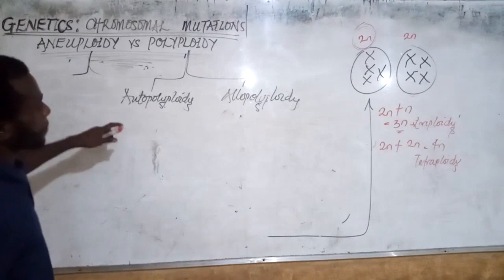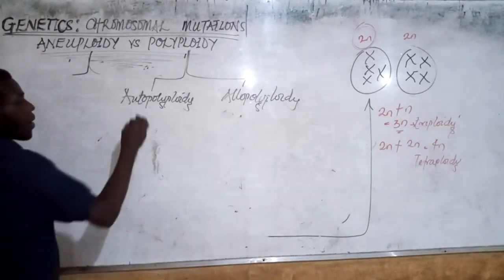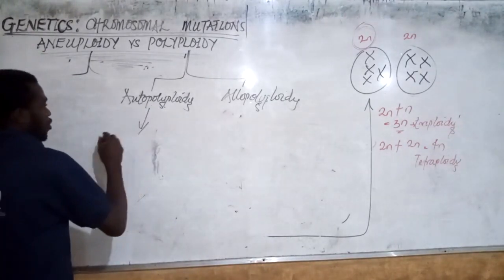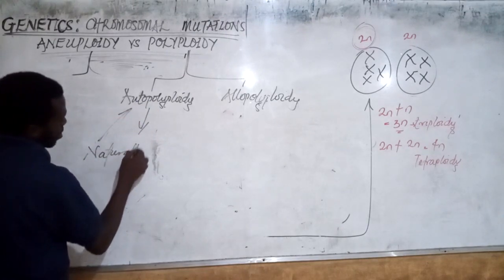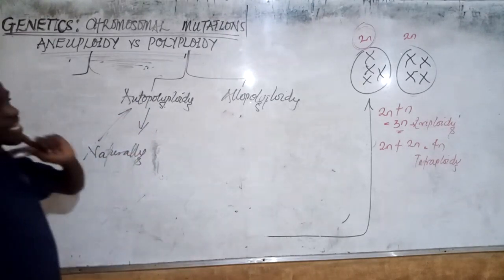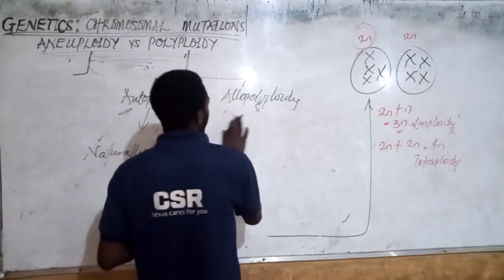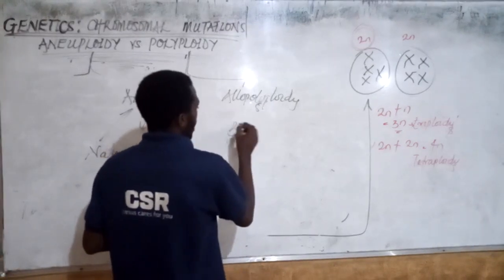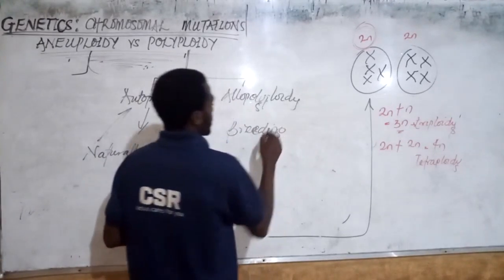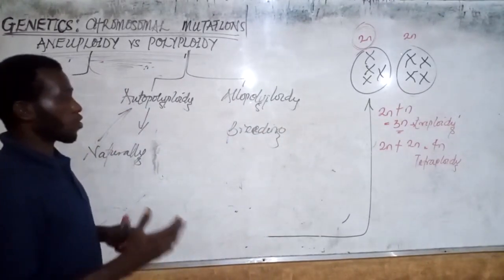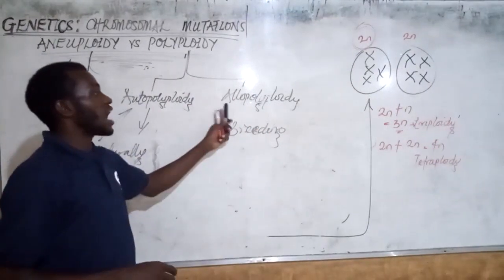If the polyploidy happens naturally, it's going to be called autopolyploidy. But if it happens as a process of breeding, that is by our artificial crossbreeding, it will be called allopolyploidy.